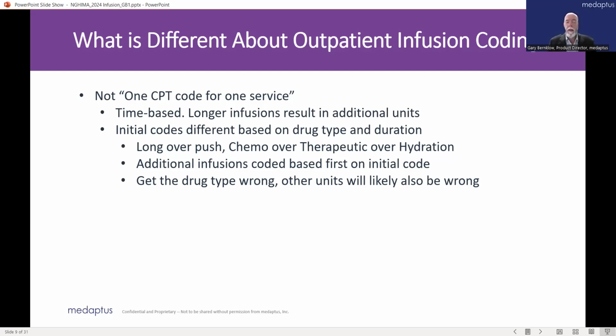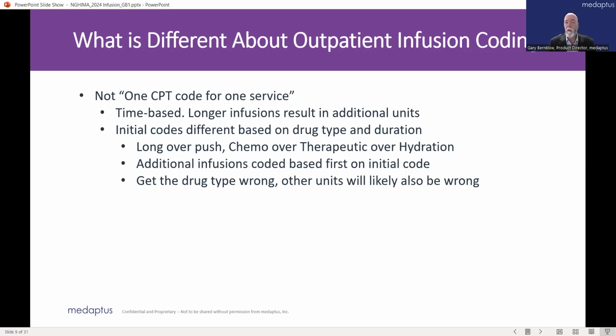So a long infusion, which is defined as anything 16 minutes or more, takes precedence over something called a push, which is under 16 minutes, or something that's injected directly into an IV line. If it's a chemo drug given, that takes precedence over a therapeutic drug, which takes precedence over a hydration drug. Additional infusions coded are all done so based on whatever you select as an initial code.